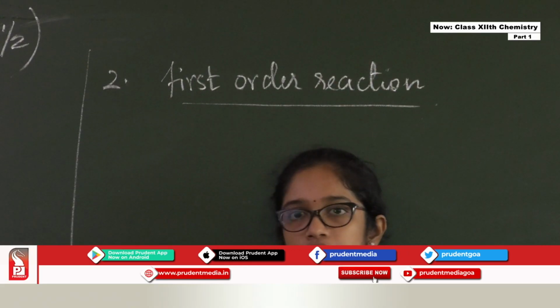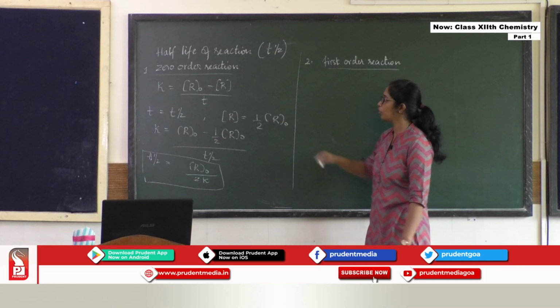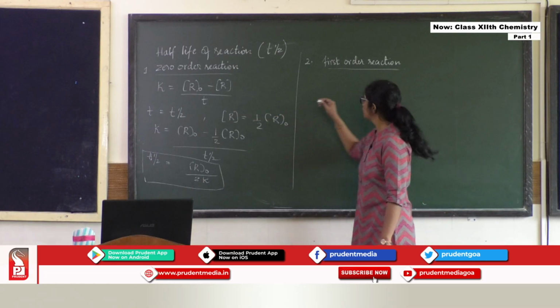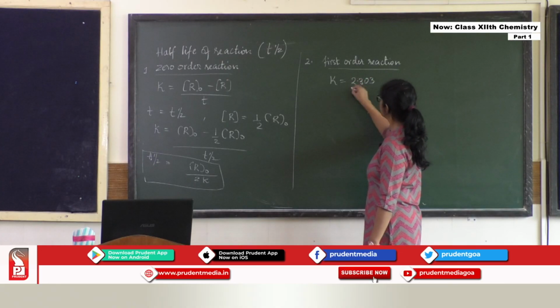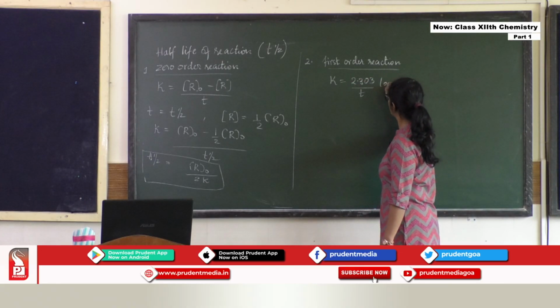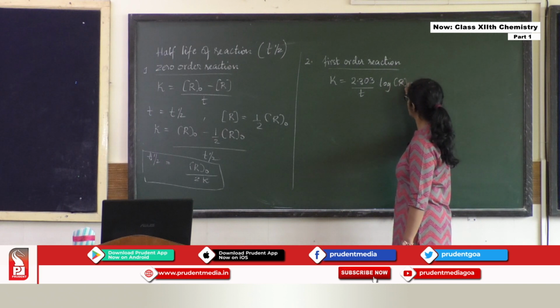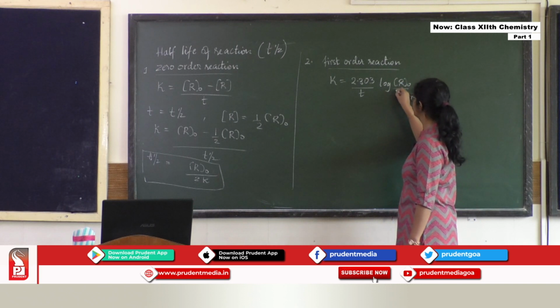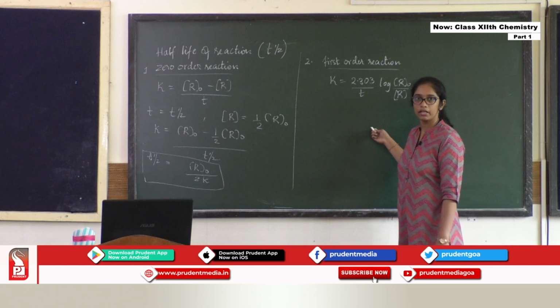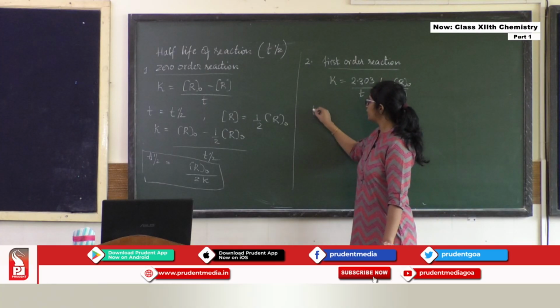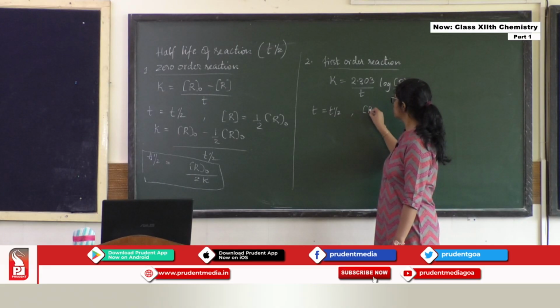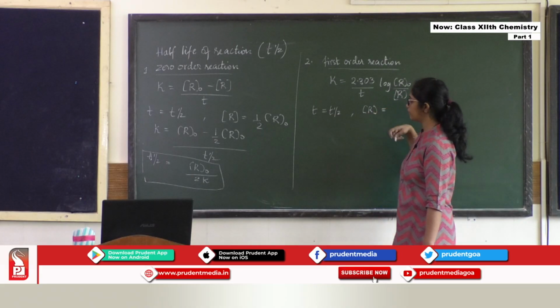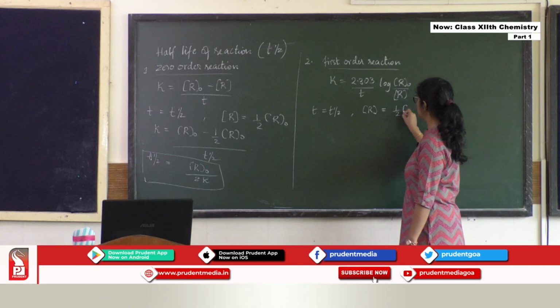For first order reaction, again we are going to take the value of rate constant K for first order, which is 2.303 upon T log of R naught upon R, which we derived earlier. We are going to use the same conditions here. If T is equal to T half, then the concentration of the reactant R would be equal to half of R naught.